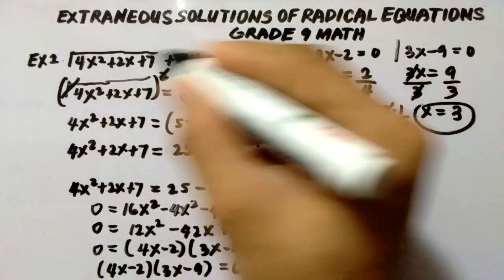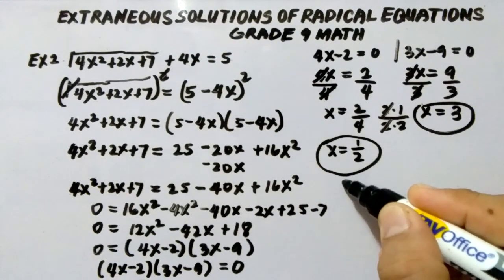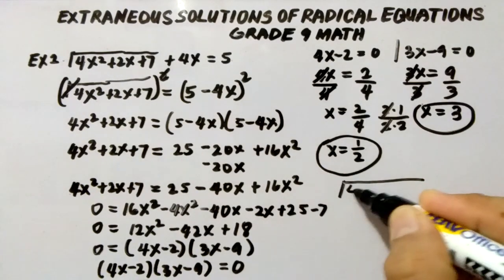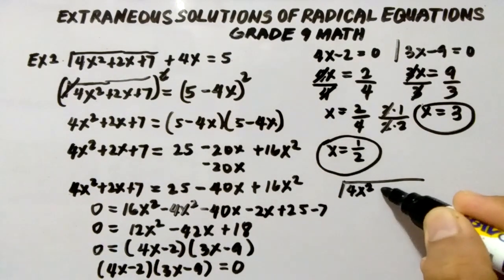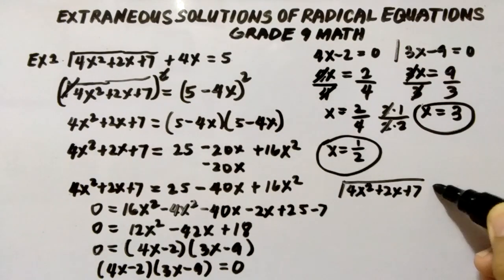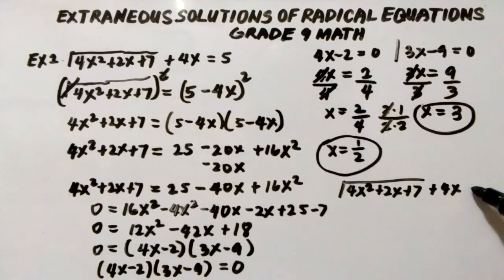So, i-copy po natin yung original equation. So, we have square root of 4x squared plus 2x plus 7 plus 4x is equals to 5.